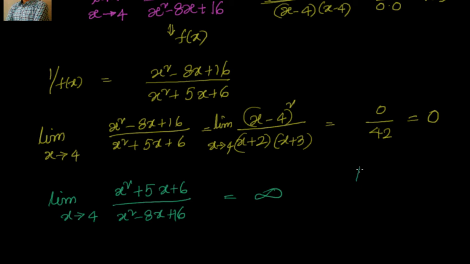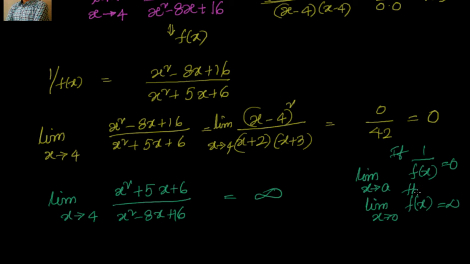This is where we have used the rule: limit x tends to a, 1 by f of x equal to 0, then limit x tends to a, f of x equal to infinity.